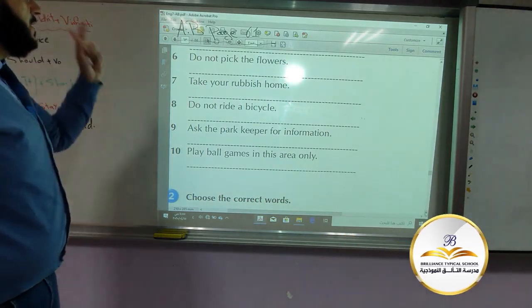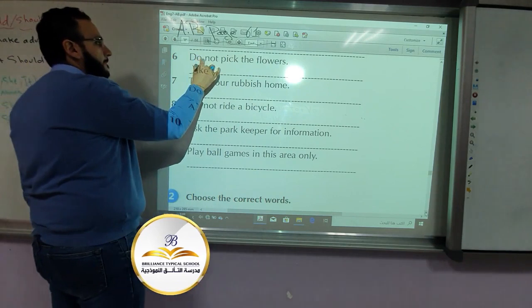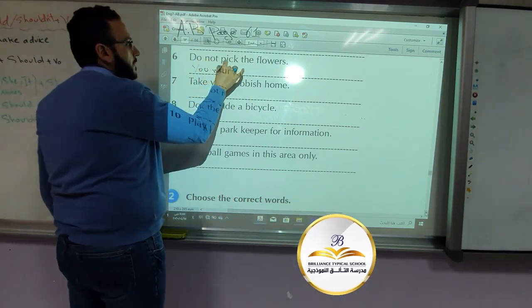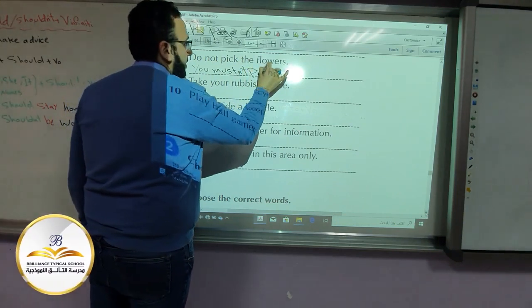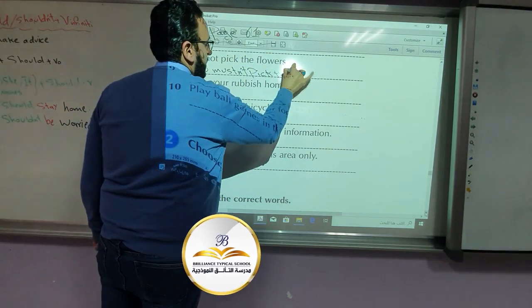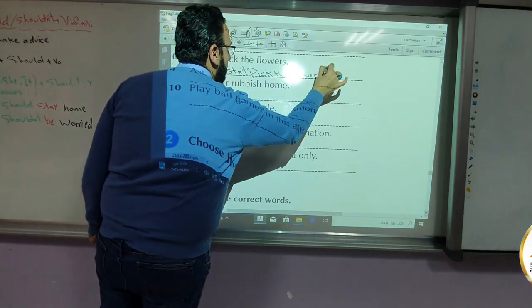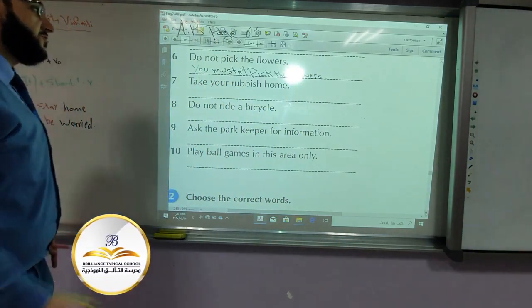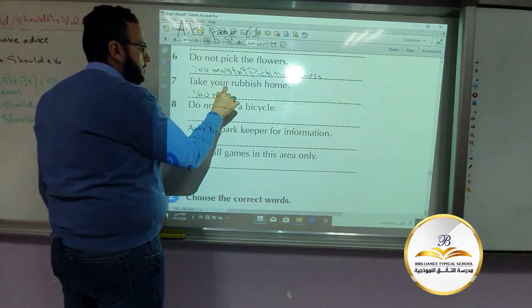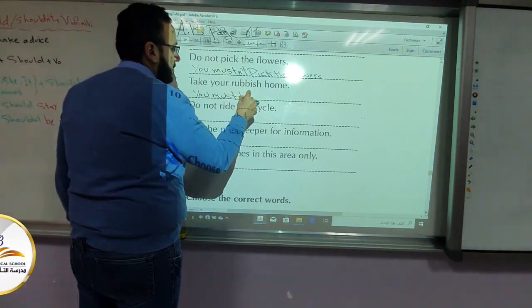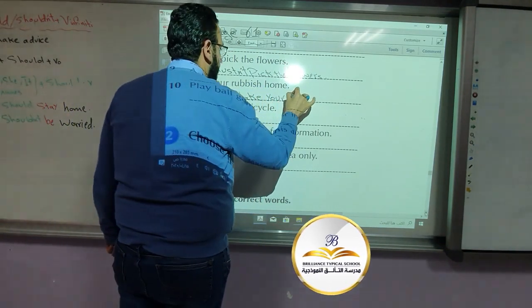Number 6. Don't pick the flower. You must not pick the flower. Take your rubbish home. You must take your rubbish home.